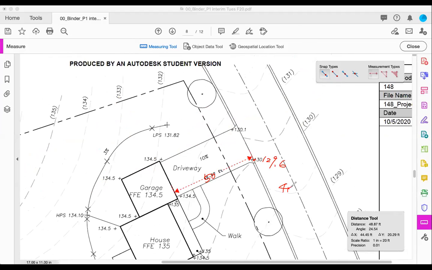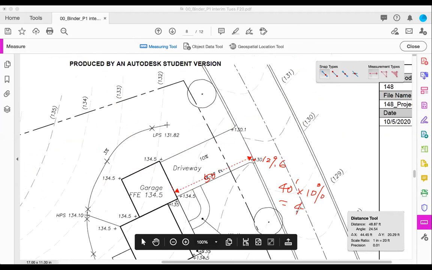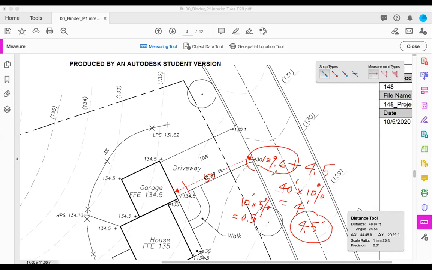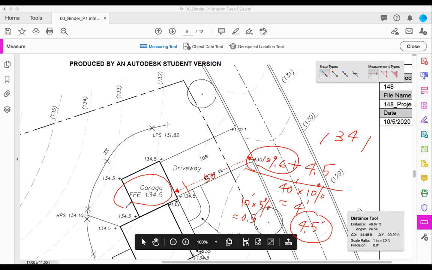I need to go 40 feet at 10%, which means I go 4 foot above. And then I need to go 10 foot at 5%, so that's 0.5. So overall, I go above 4.5 foot. So if this is that one, I would have 134.1. Oh, you're exceeding.